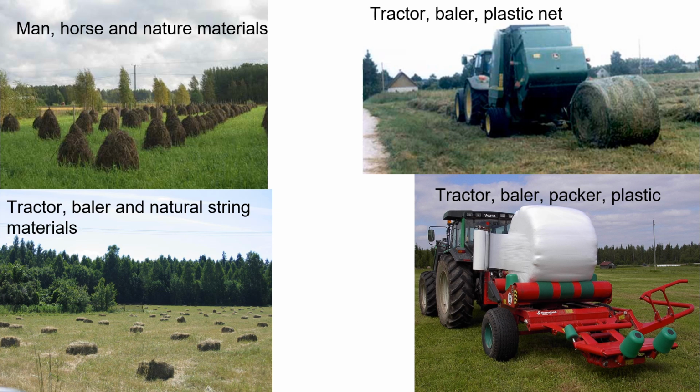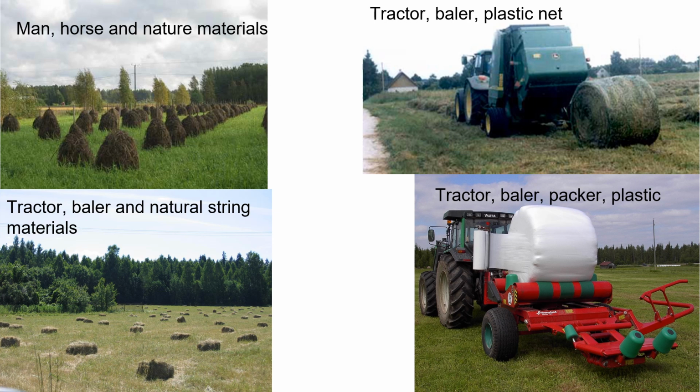It could also be some machinery with strings, plastic materials already, and also these nets were out of plastics. But in the beginning, the hay was still being dried on the field. So you are also turning the hay around after you have cut it. You have to turn it around several times to get it to dry up.